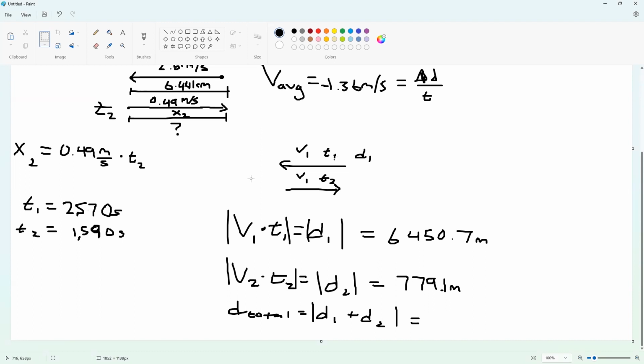Right, so 2.51 meters per second times the 2,570 seconds would find the D1. Yeah, that would be correct.